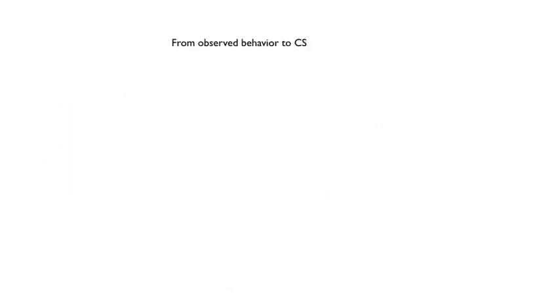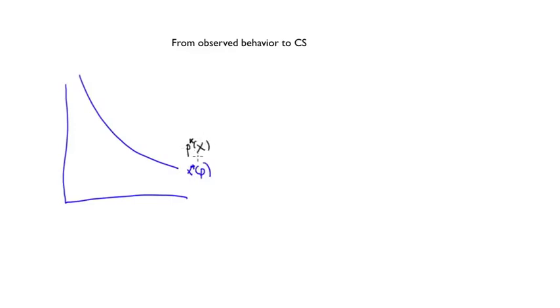So now I can show you how we can go from data, from the observed behavior, to the consumer surplus without knowing explicitly what the experience utility function is. And here is the idea. Suppose I have gone through the data and concluded that my demand function is this, which also immediately implies the inverse demand function.